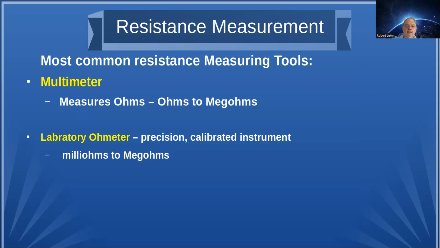One of the most common tools that we use to measure resistance is the common multimeter. And they can measure ohms anywhere from down to 1 or 2 ohms up to multiple megohms. That's about all you see anybody use anymore.